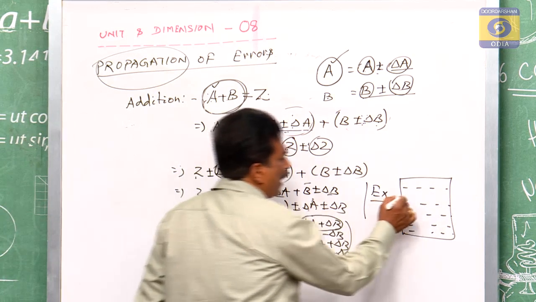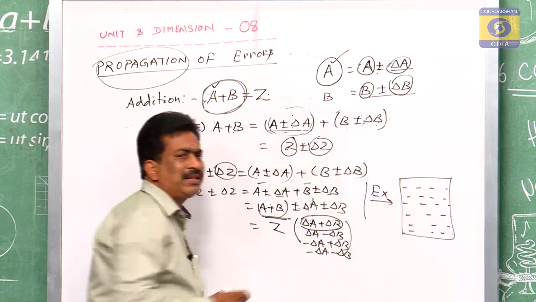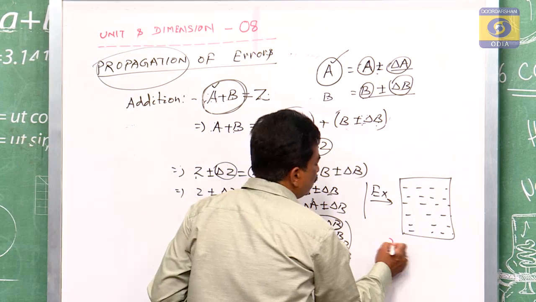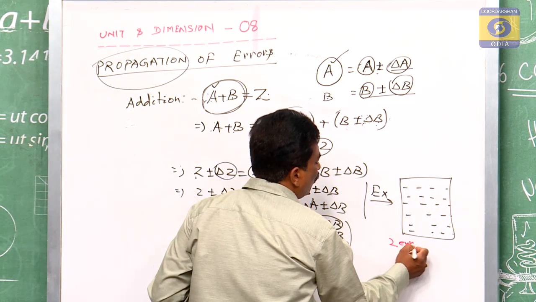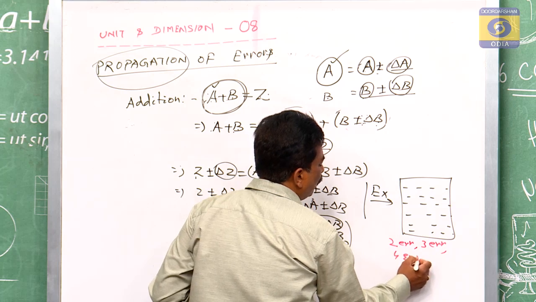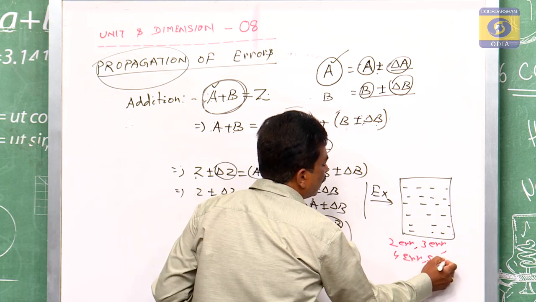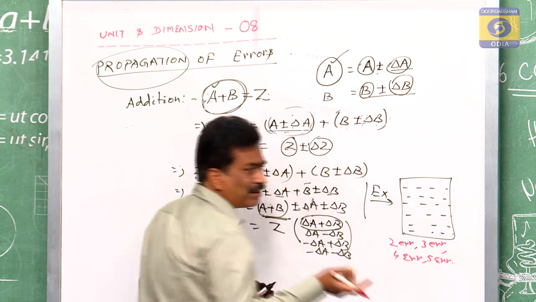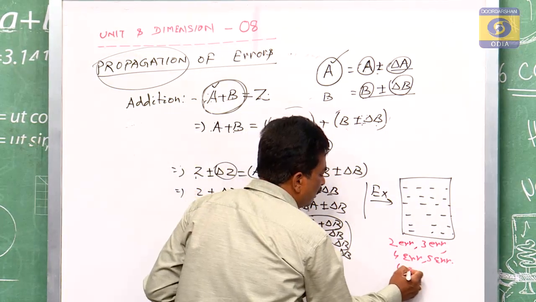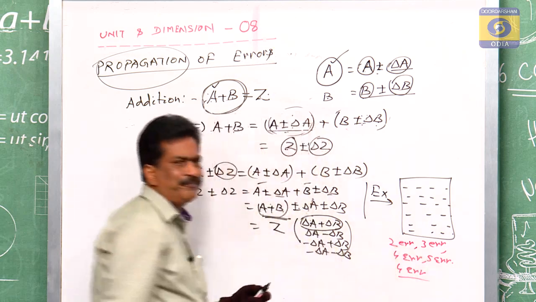So, when the 5 evaluators take the same copy, one evaluator shows 2 errors, one shows 3 errors, one shows 4 errors, one shows 5 errors, and there are 5 persons. Suppose the fifth one also shows 4 errors.